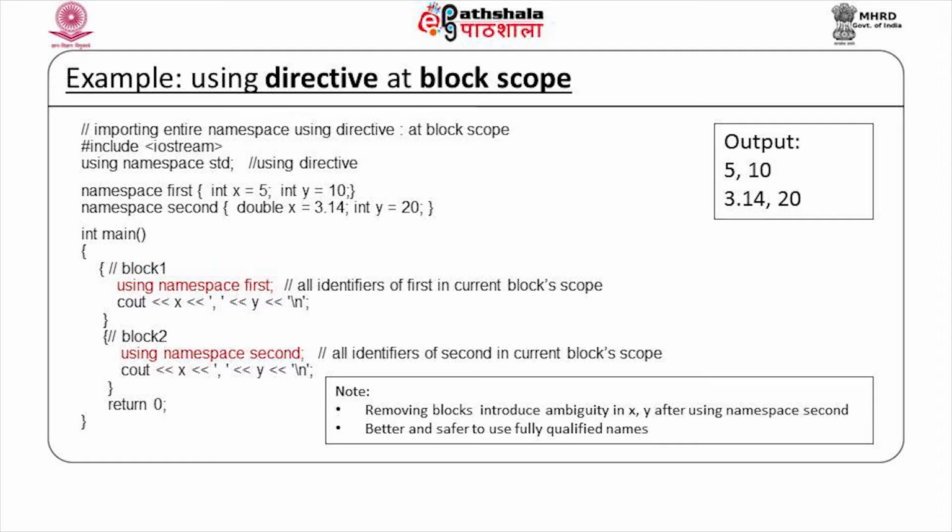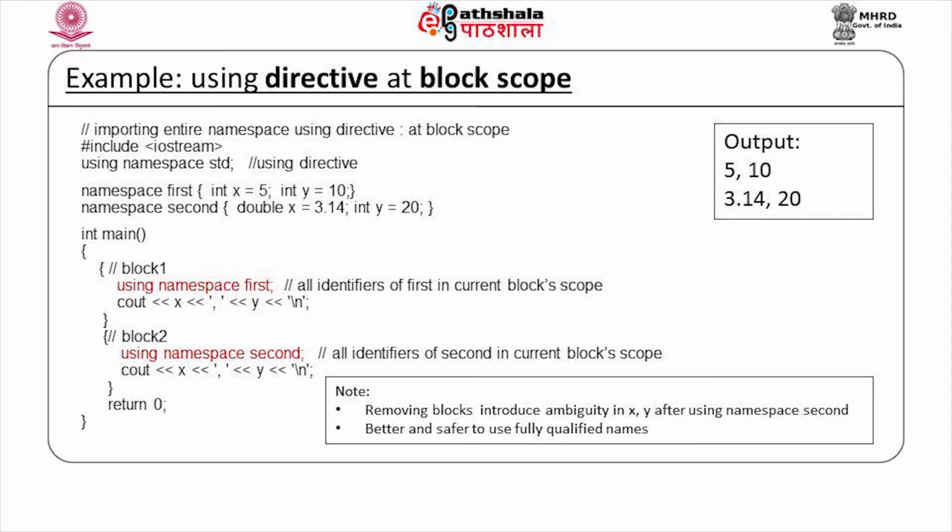So, here in the second block, when we refer to x and y, they will be referring to the names x and y from the second namespace with values 3.14 and 20. Now, as seen, the output will be x 5 and y 10 from the first namespace and x 3.14 and y 20 from the second namespace.